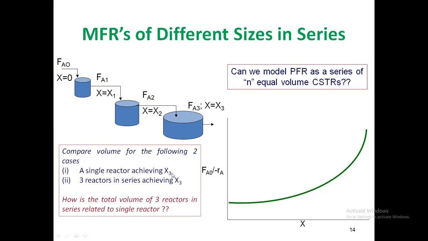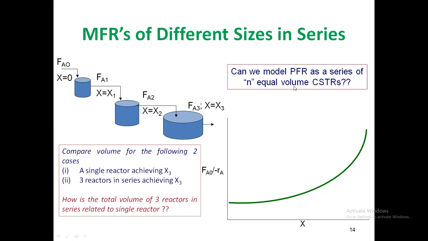The second question is, can we model your PFR as a series of n equal volume CSTRs? So can we have the same degree of conversion in your PFR in which the volume is equivalent to n CSTRs?